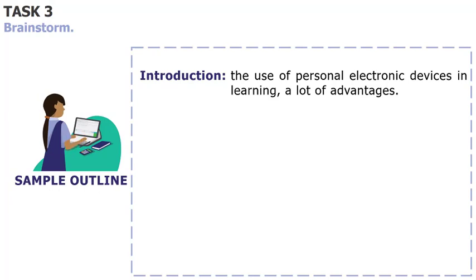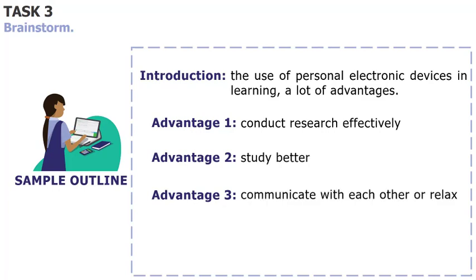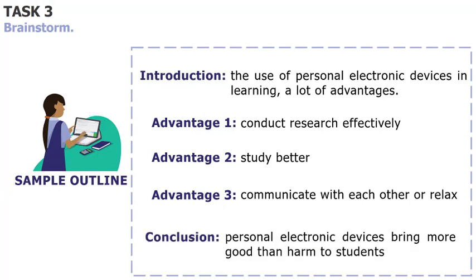For the first advantage, I will state the idea. Conduct research effectively. Similarly, the second and third advantages can be study better and communicate with each other or relax, respectively. The conclusion will paraphrase the introduction like, Personal electronic devices bring more good than harm to students.